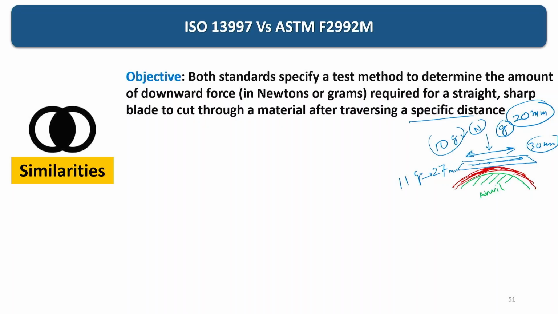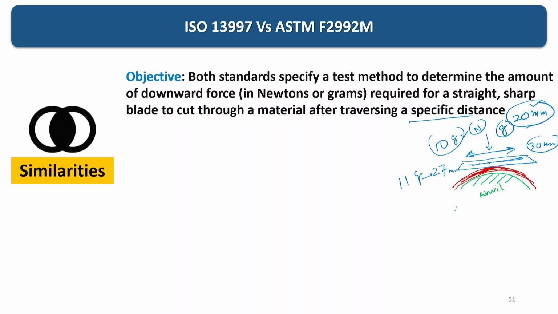That means 27 millimeter will not be helpful, because we have to reach 20 millimeter. In this way, we keep on changing the load, and we may or may not reach 20 millimeter.